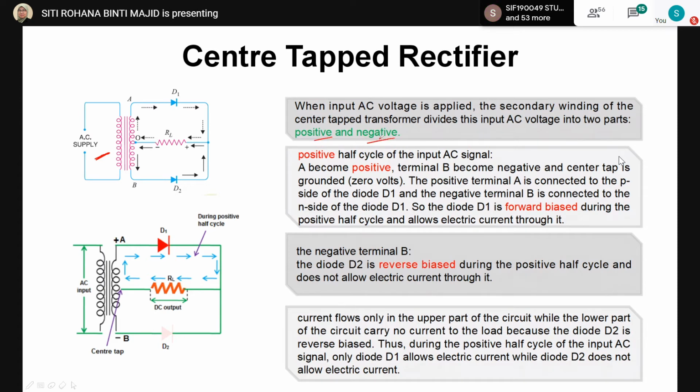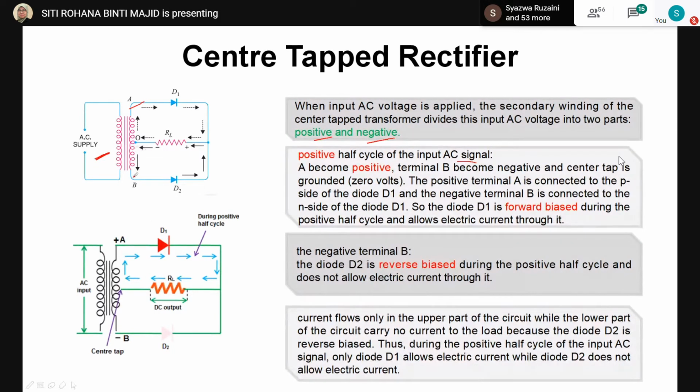How does it happen? For the positive half cycle of the input AC signal, point A will be positive voltage, terminal B will be negative voltage, and the center tap will be 0.